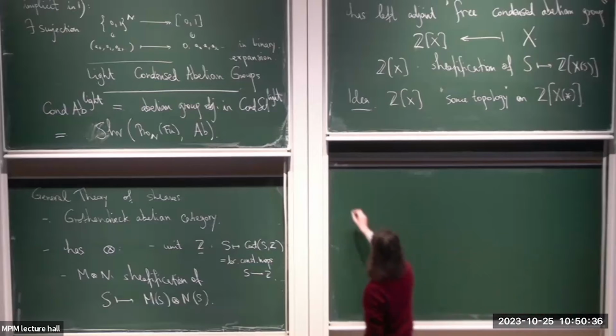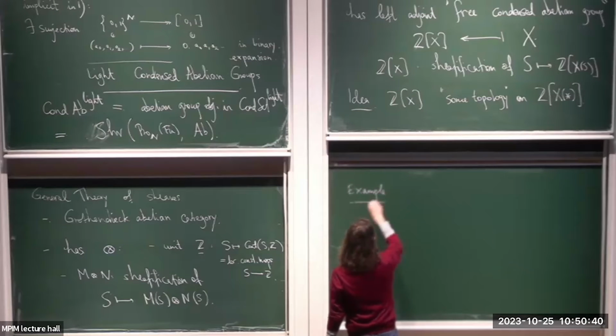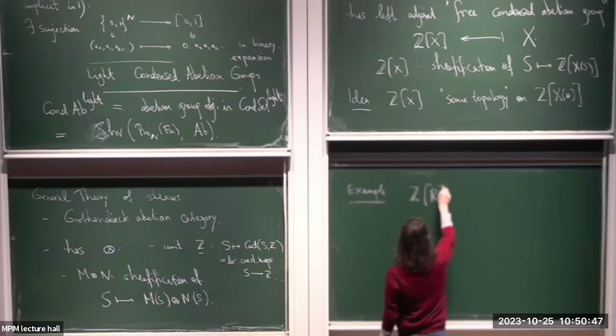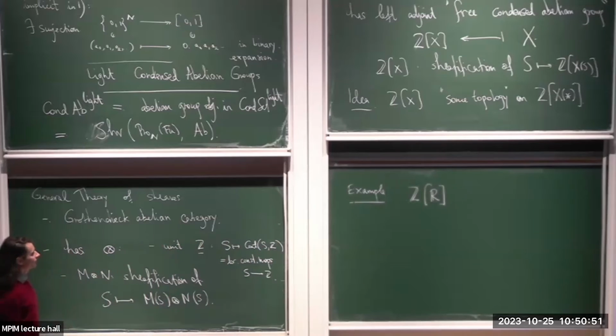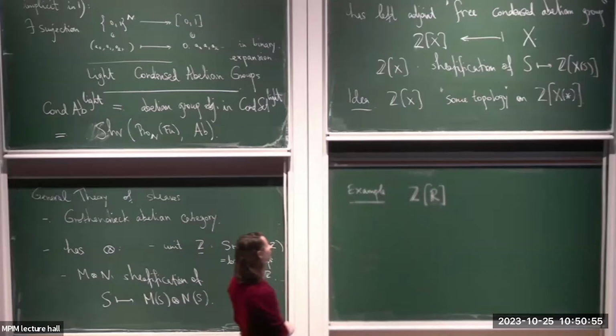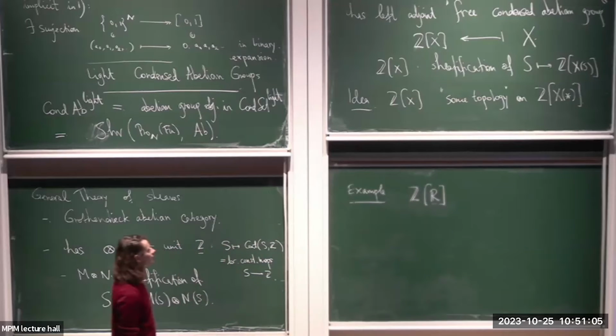Yeah, so here's an example, which is kind of related to the introduction I gave last time. We can now take the real numbers, and very soon I will forget to write the underline all the time because implicitly everything has become a condensed set. But okay, so we have the real numbers as a condensed set and then take the free condensed abelian group on that.